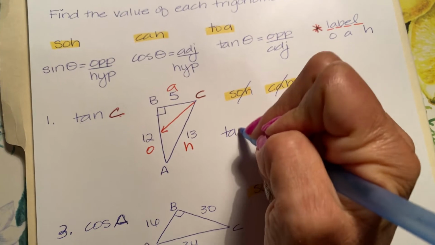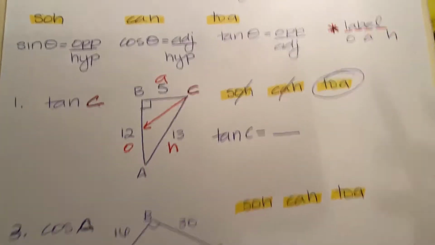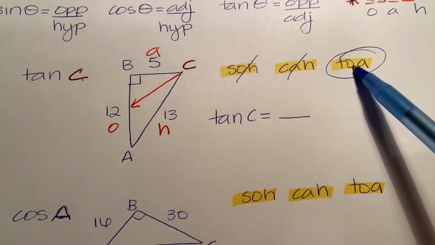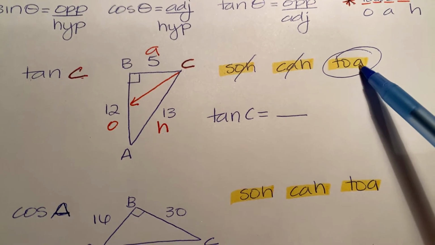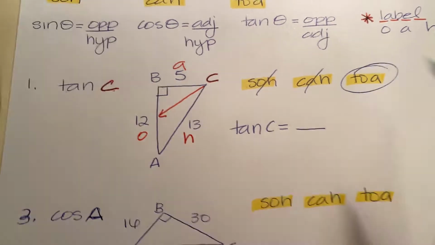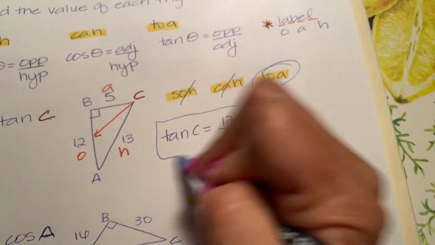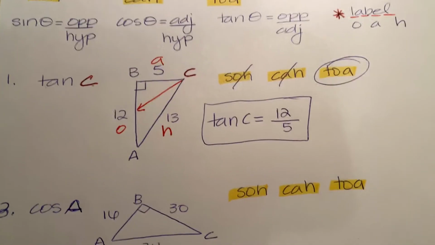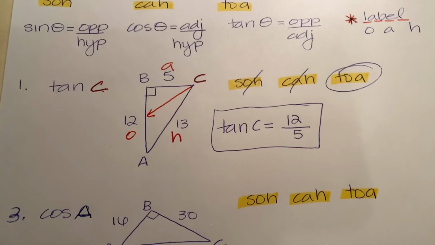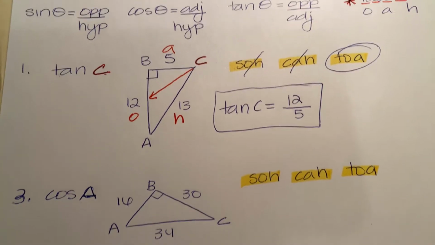Tangent of angle C is the ratio of the legs, opposite over adjacent. Opposite is 12, adjacent is 5, and that is your answer. That's it.